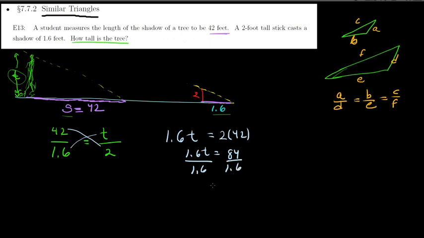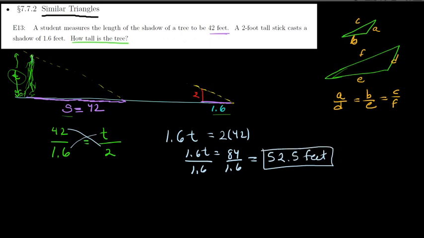Use your calculator: 84 divided by 1.6, I get 52.5. So 52.5 should be the height of the tree, in feet.